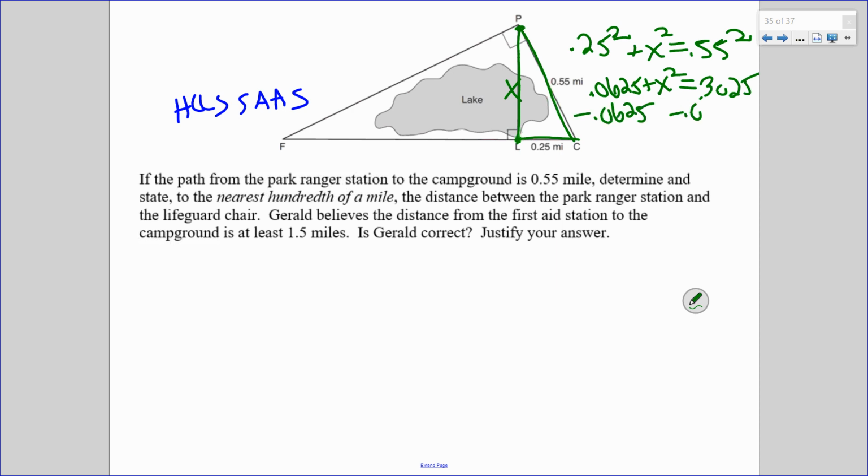Minus 0.0625, x squared equals 0.24. Square root of each. X equals, to the nearest hundredth, 0.49.